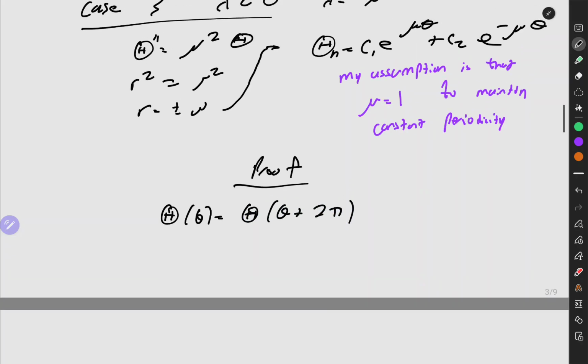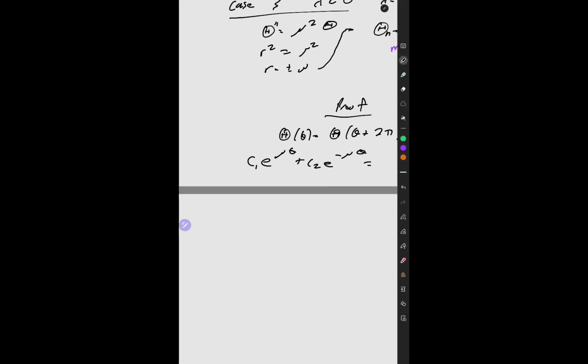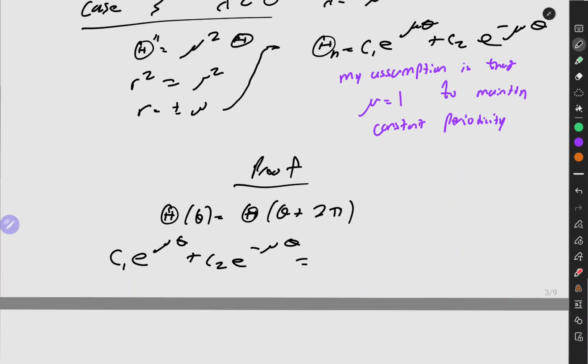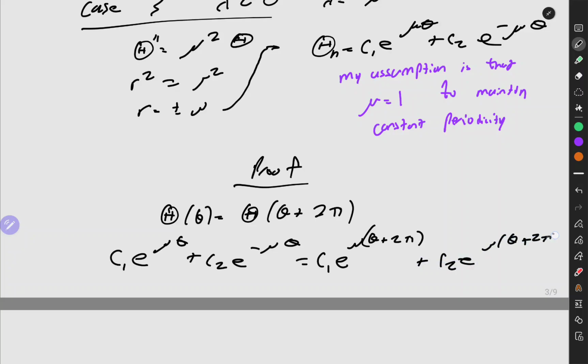This becomes C1 e to the mu theta plus C2 e to the negative mu theta, is equal to C1 e to the mu times theta plus 2 pi plus C2 e to the negative mu times theta plus 2 pi.